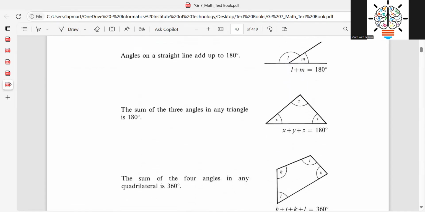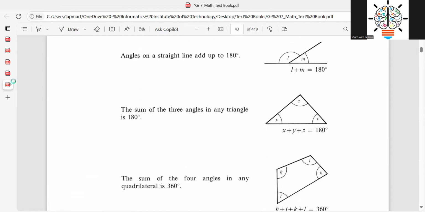And the next theorem: the sum of the three angles in a triangle is 180. You know that a triangle has three sides, children, and three internal angles too. Whether it is a right angle triangle, an obtuse angle triangle or an acute one, anything, if you have three sides and three angles and you add all these three angles together, it gives you 180.